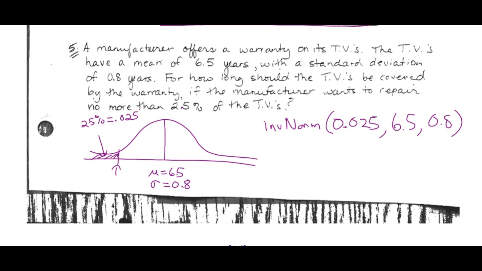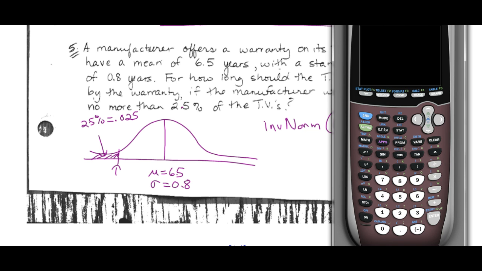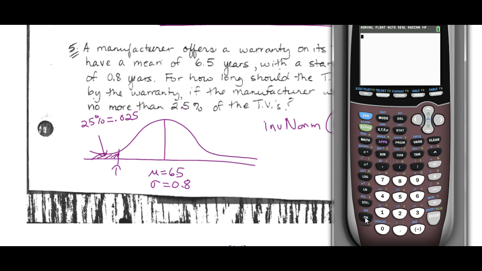Okay, and on these calculators, if you have the menu, so number, no, I don't want that. I want number 3, inverse norm. Okay. Clear. Quit. We're going to quit out of that. Go back. Distribution. 3. Inverse norm. The area: if you want, you just go 2.5 divided by 100, right?